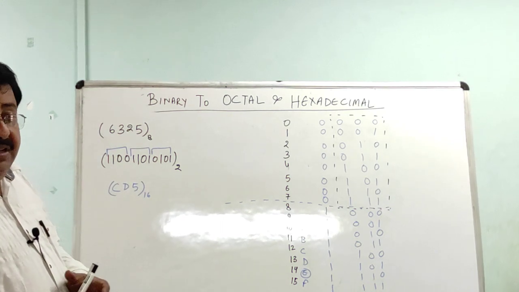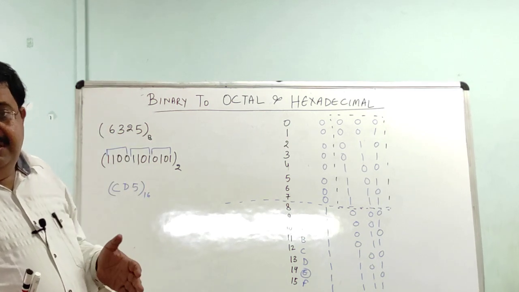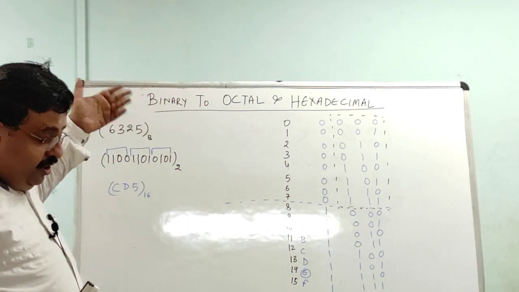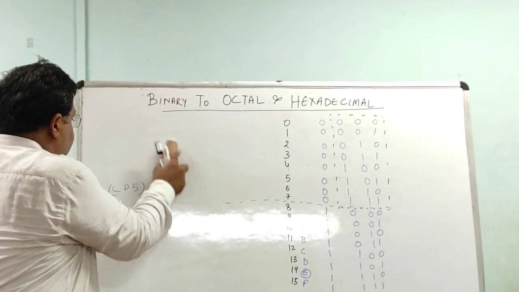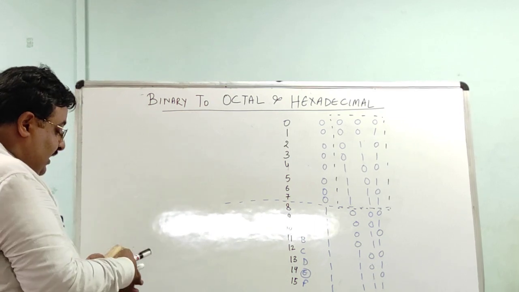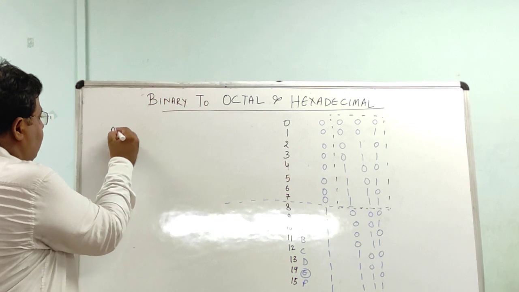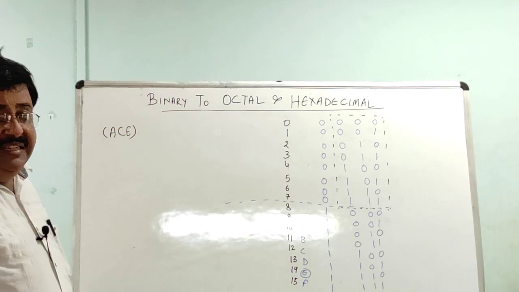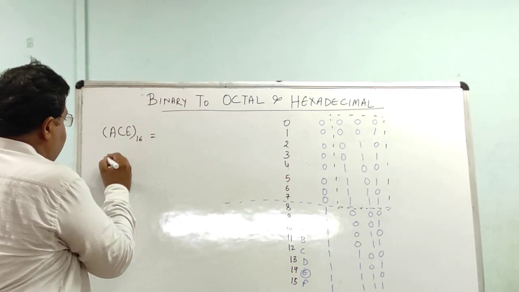So, this number is CD5 in hexadecimal. Another example I will take where I will start with a hexadecimal number and convert it into binary and then finally to the octal number system. Now, let us say I am taking ACE. This is in base 16, I want to convert it into binary.